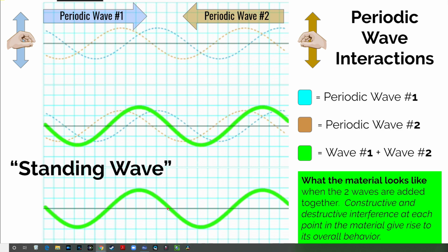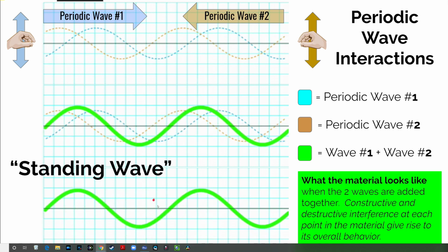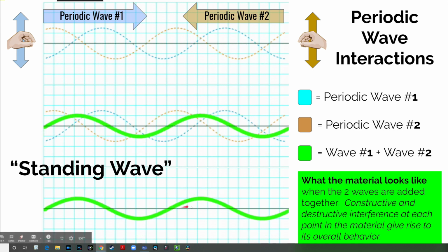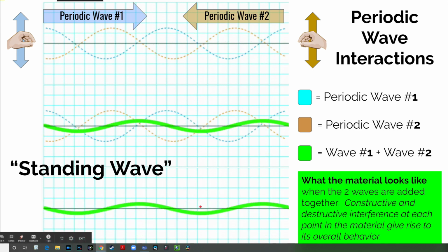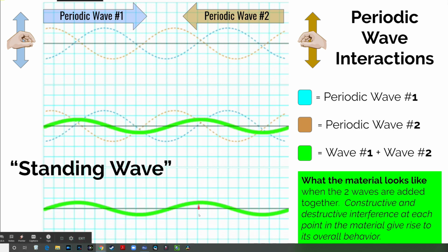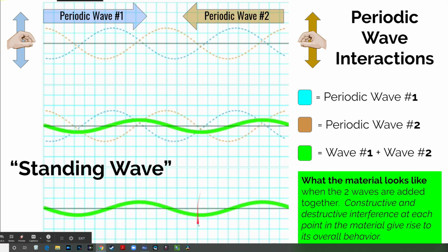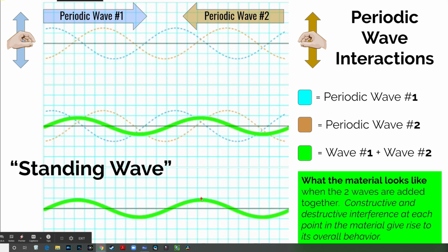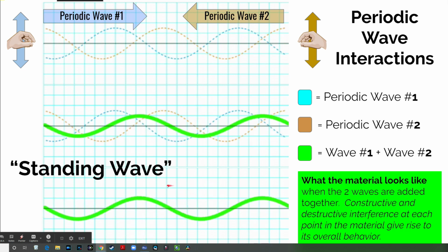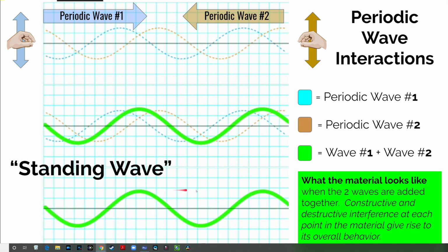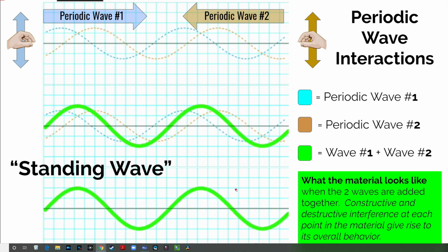It's not like it's standing completely still, but the location that stays at equilibrium is staying right there. And the spots in the material that have the largest positive and negative displacement from equilibrium are also staying in this left-right location. It doesn't look like anything is moving through the material from left to right or right to left.